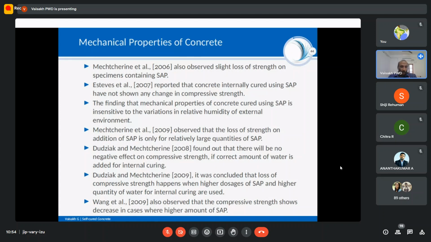It was the problem with the dosage and the method of application. And then researchers came forward with positive results regarding SAP. So we have to learn from the failures and move towards using it in the proper way. That is why I have included these two different sorts of researchers in this particular presentation.